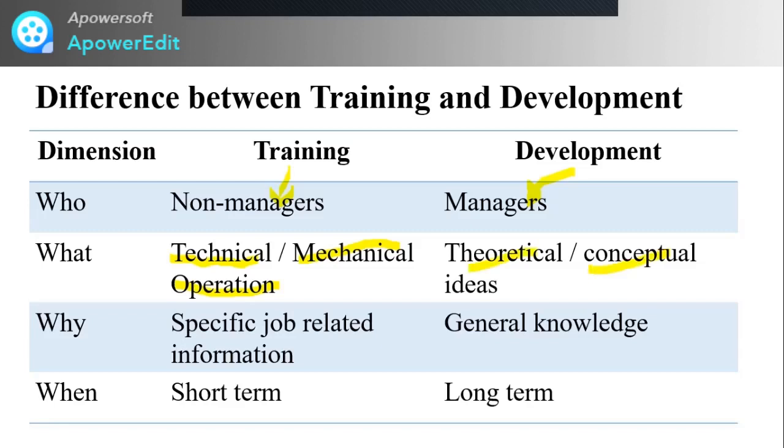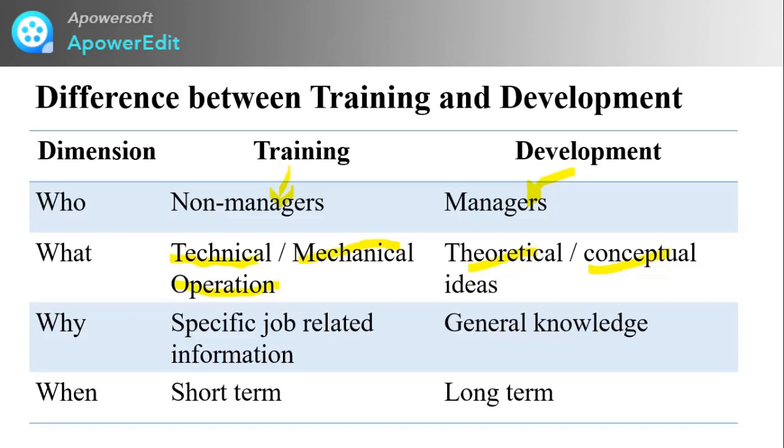Development focuses on developing your brain, conceptual skill, and theoretical skill. Theoretical and conceptual skills are important to see the future first. Therefore, training focuses on technical and mechanical operation, and development focuses on theoretical and conceptual ideas.